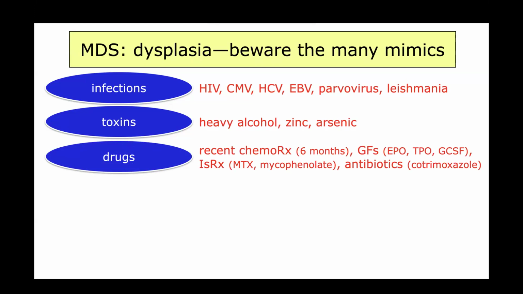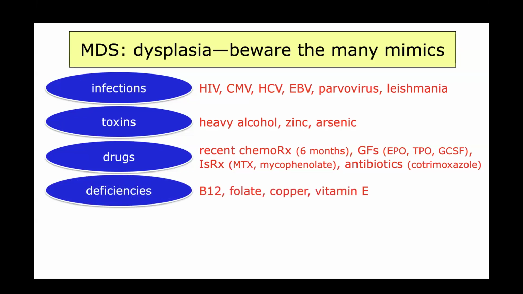Growth factors, be they erythroid or granulocytic stimulatory or even megakaryocytic stimulatory agents, can induce dysplasia. Immunosuppressive drugs used in the setting of transplant or in the setting of autoimmune diseases can induce dysplasia, and of course, some antibiotics as well.